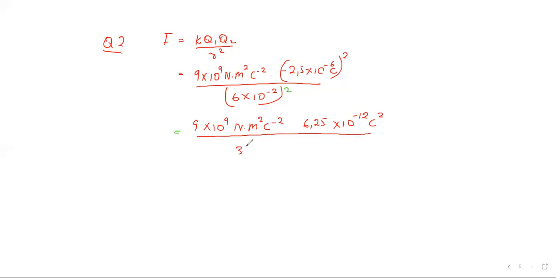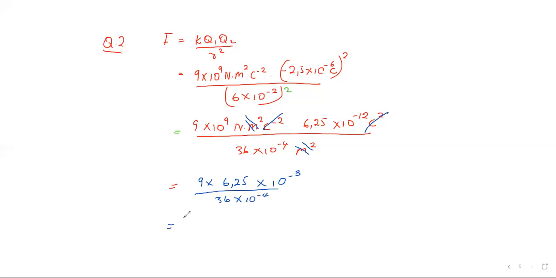And this is 36 times 10 to the power minus 4 meters squared. Now, coulomb squared will cancel with that, meter squared will cancel with that. Now, on the top, I have 9 multiplied by 6.25, 10 to the power minus 3. On the bottom, I have 36 times 10 to the power minus 4.